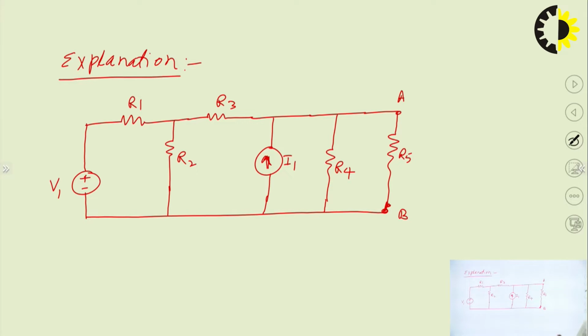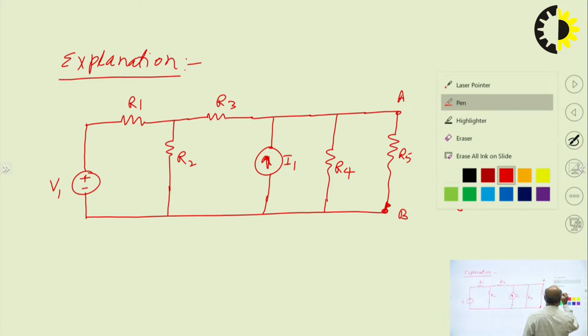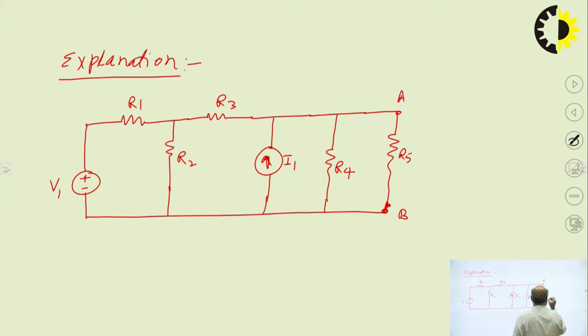It says that any complex linear bilateral active network can be replaced by a simple two terminal network having a current source in parallel with a resistance across the load terminals. This is our load terminal. The branch in which we have to calculate the current or voltage is known as the load, so this is our load.